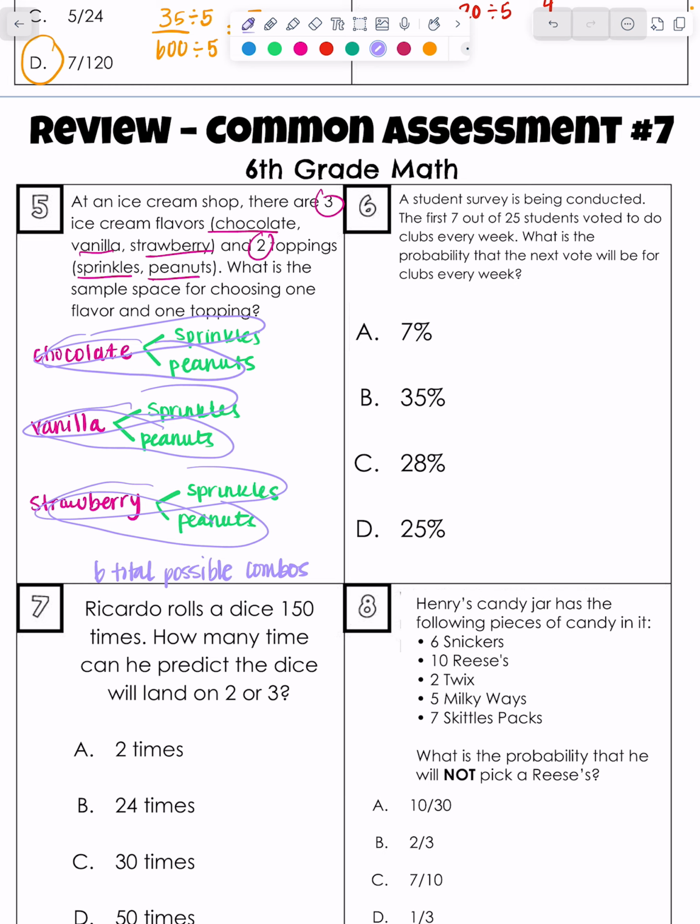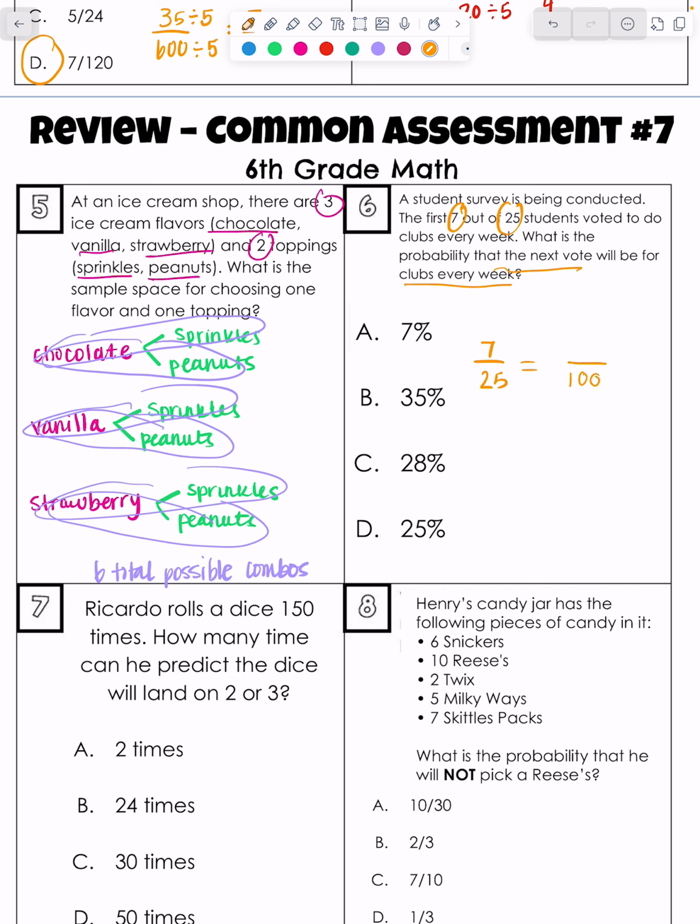Number 6, a student survey is being conducted. The first 7 out of 25 students voted to do clubs every week. What is the total probability that next week's vote will be clubs every week? So 7 out of 25. And remember, this is a prediction problem. So we're trying to predict what is going to happen. And it's at percent.